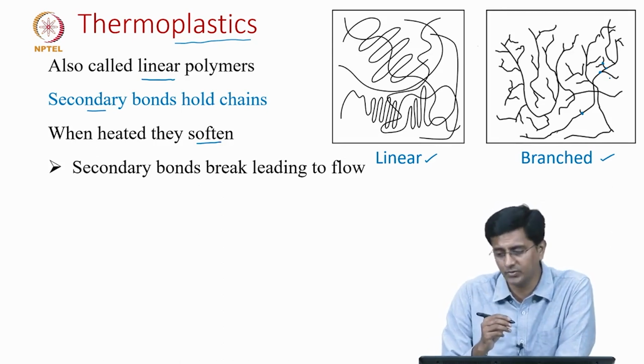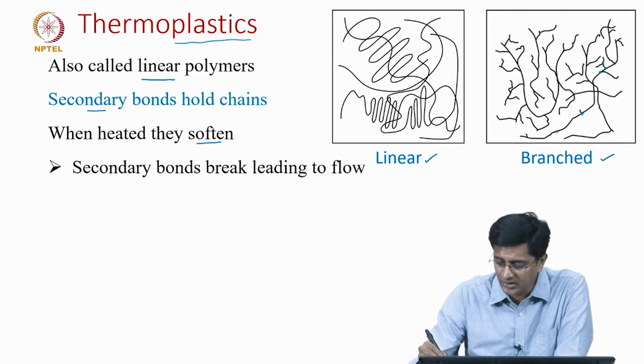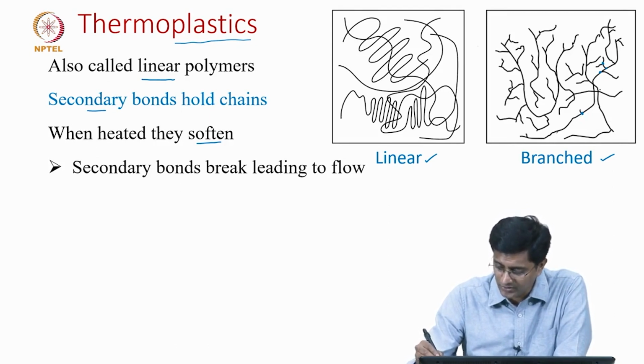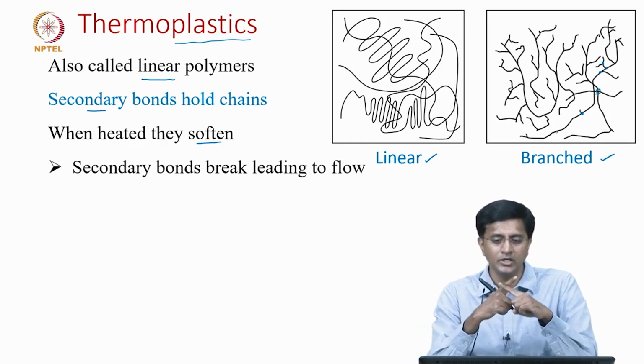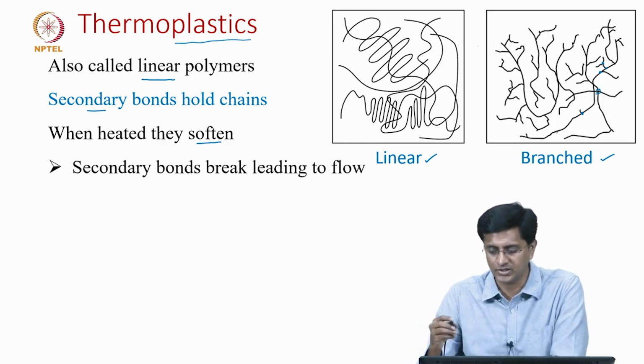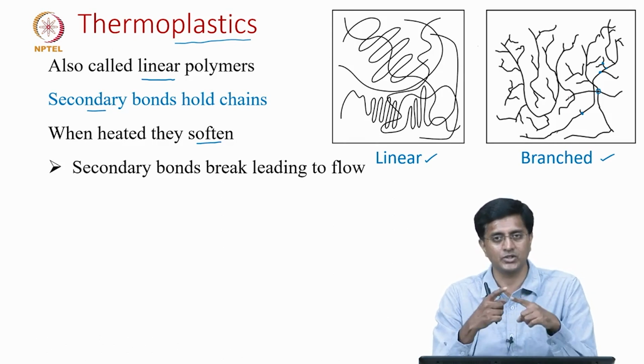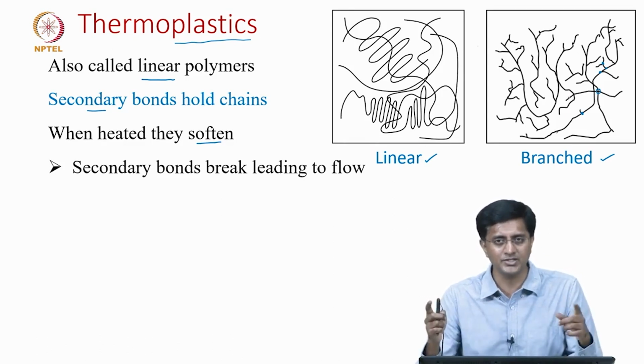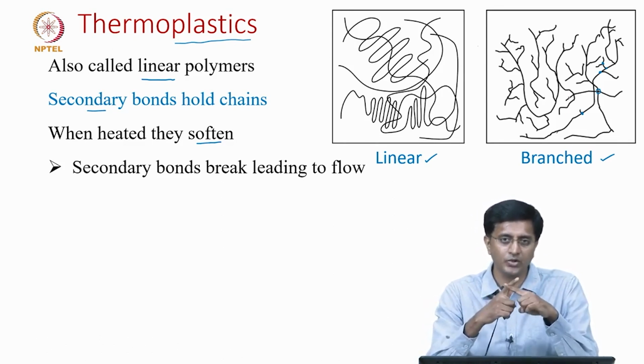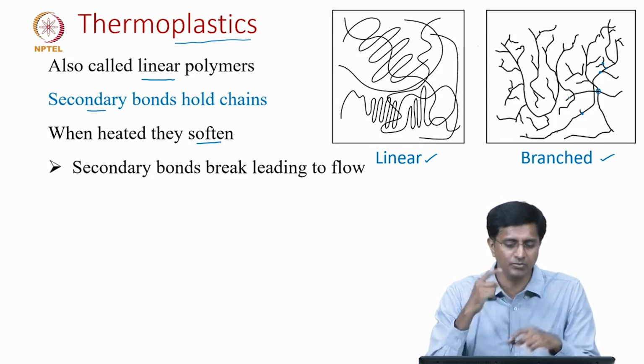But what is to be noted is that in addition to these trifunctionalities, there are also secondary bonds. The crossover here is a secondary bond, which means there is a low energy bond between these chains. That is the one which is holding these branches together. So there are many branches, but these branches are held together using these secondary bonds.